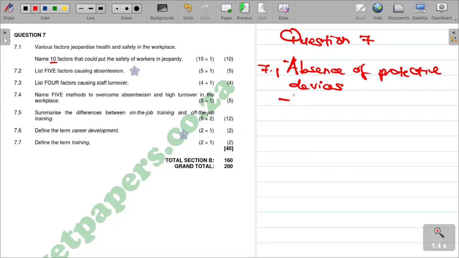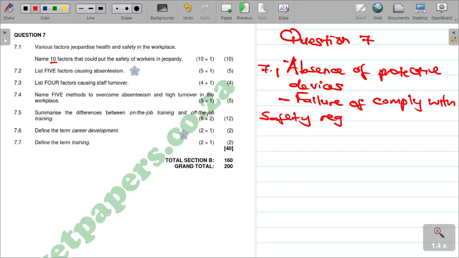It might be failure to comply with the safety regulations, and also it might be inadequate ventilation.